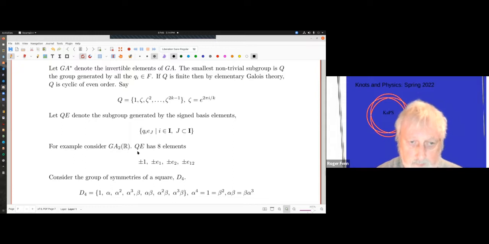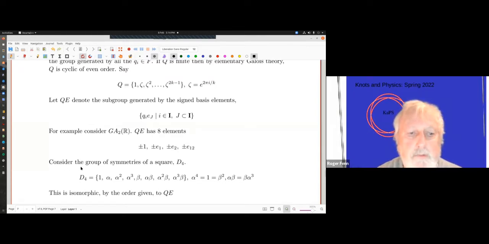QE has 8 elements: plus or minus 1, plus or minus E1, plus or minus E2, plus or minus E12. And then if we take the dihedral group, D4, the group of symmetries of a square, so write them like this.